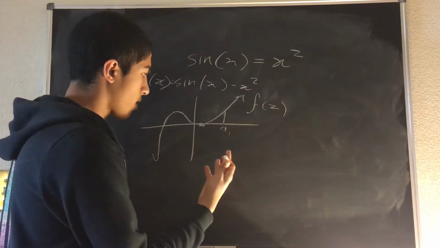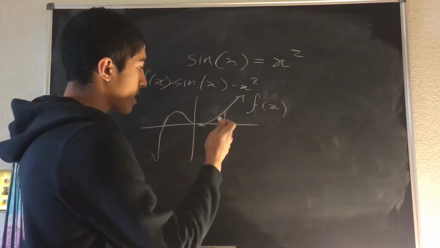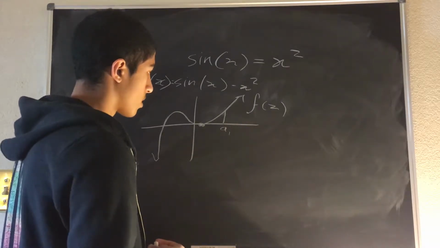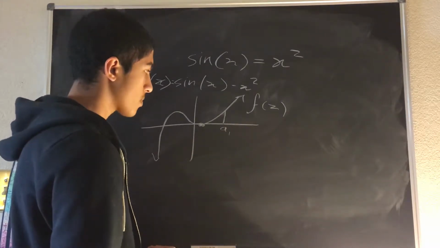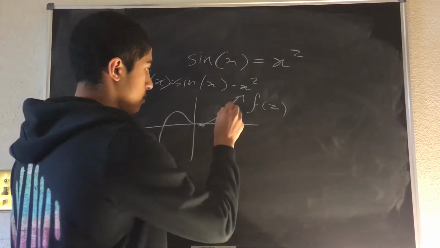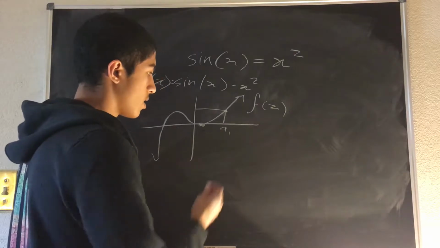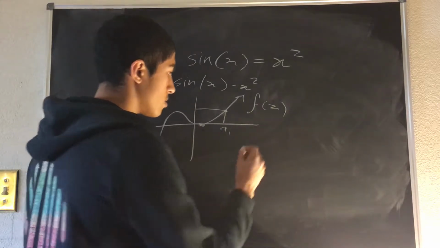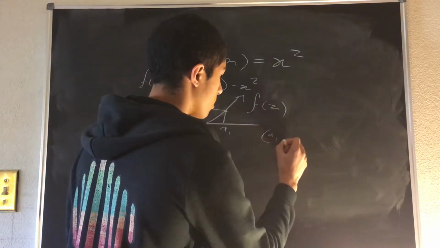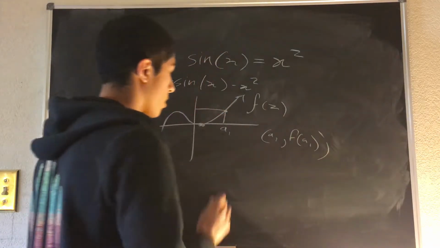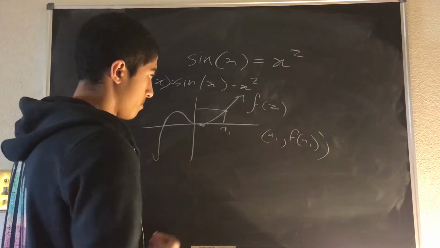We can try and graph it and pick any x value which seems close enough to the root that we're trying to approximate. And then we can take the point on our function which satisfies this x value as a1 comma f of a1, if our initial point that we picked was a1.